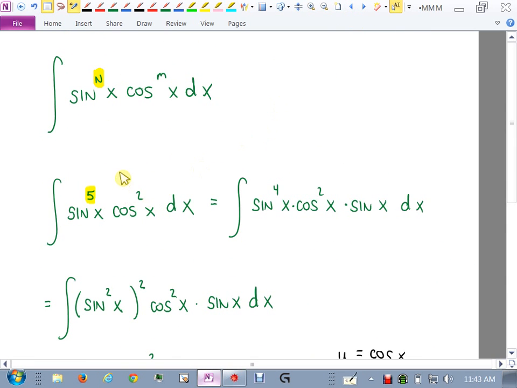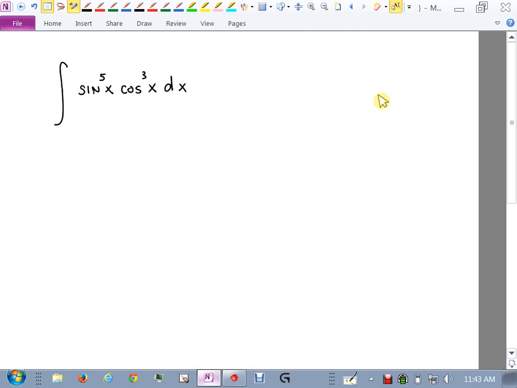Only difference, they're both odd, right? So what do the steps say here if they're both odd? Use either 1 or 2. Now, we didn't do number 2, so let's do number 2 on this one, okay?